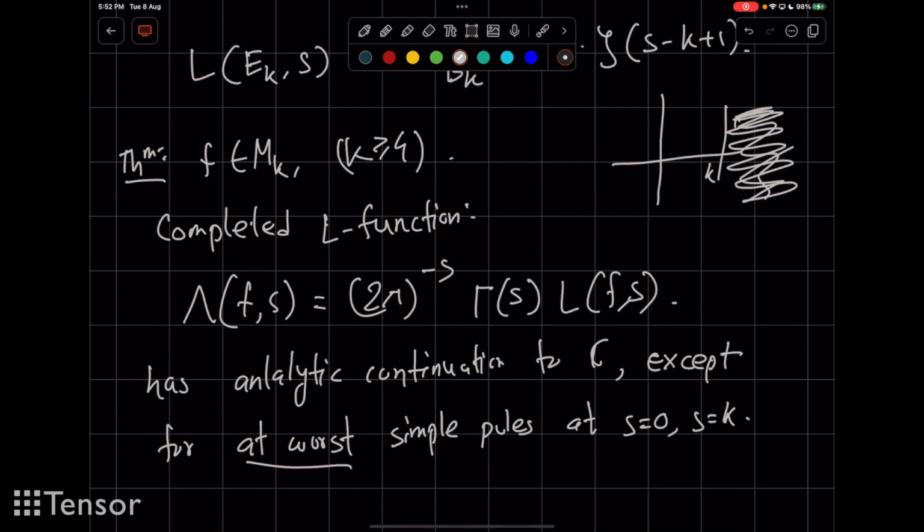By at worst, we mean that sometimes the completed L function has an analytic continuation that is entire, but in the worst scenario, it has two simple poles, here and here.